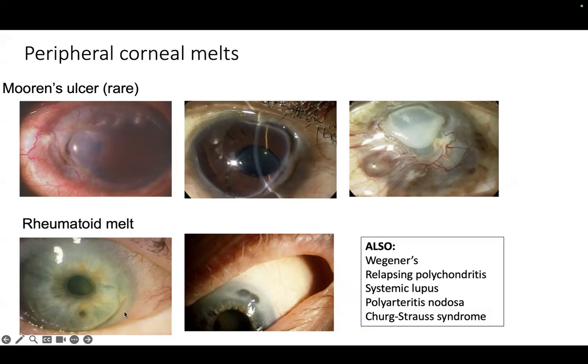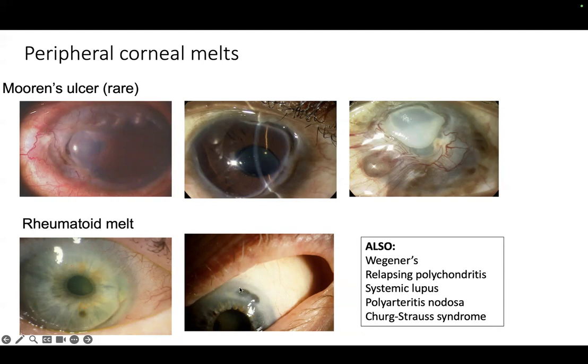And there's no clear cornea between the affected area of melt and ulceration and the limbus, which is different to things like infective keratitis usually, where you will have an area of clear cornea separating the area of ulceration from the limbus, and things like marginal keratitis too.